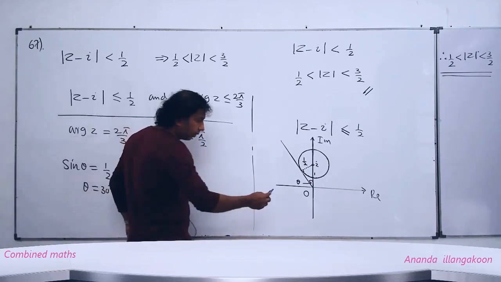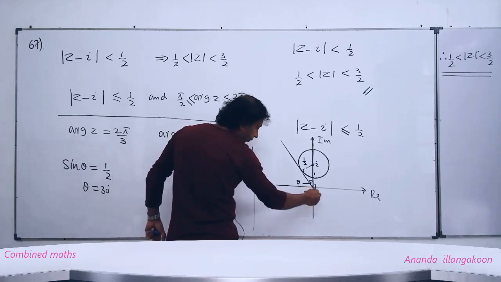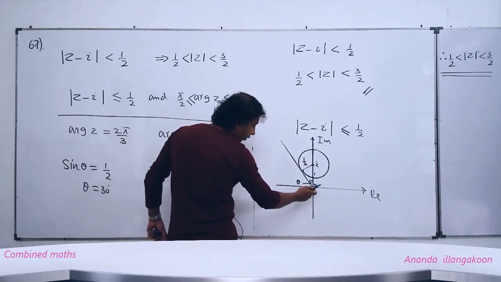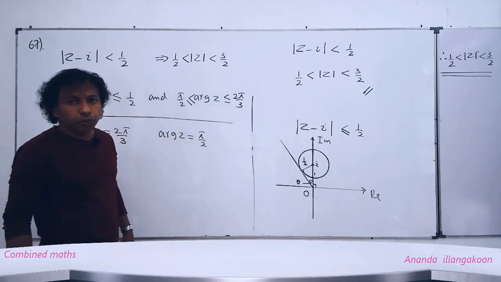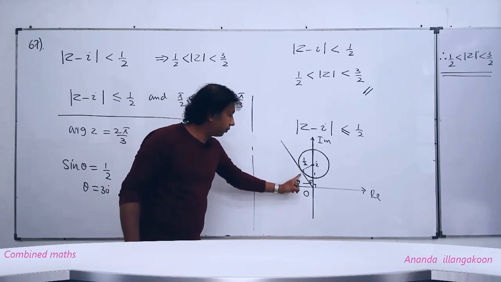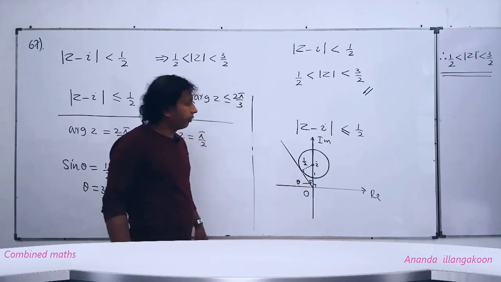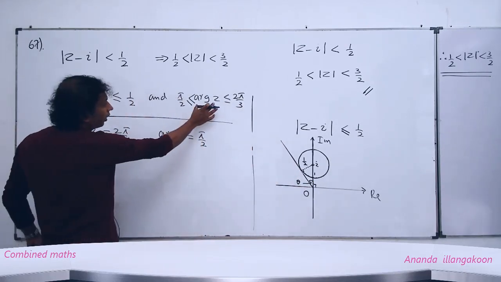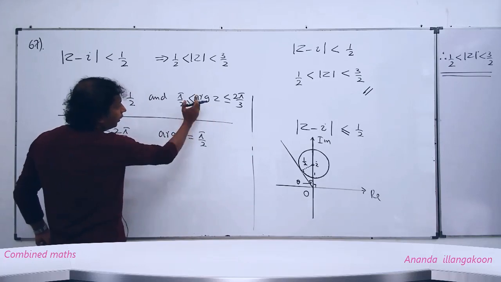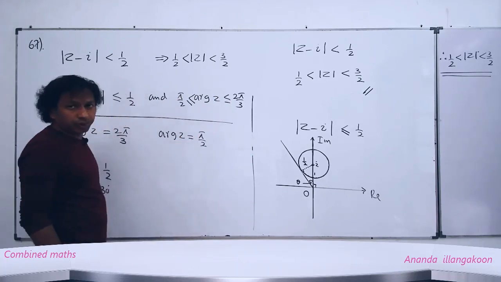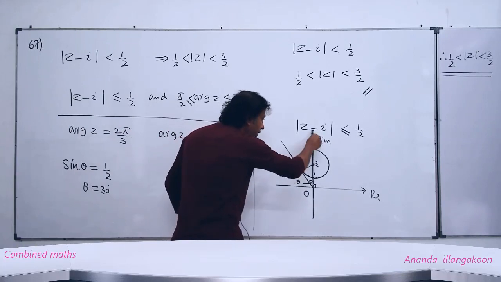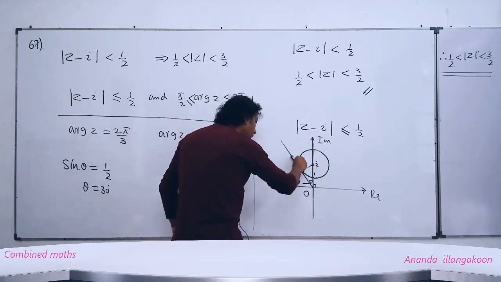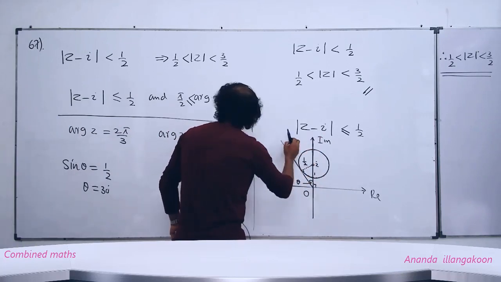Then this whole angle is 90, this is 30, then 120 comes. Then the arg 2π/3 line is this. Then we need the argument to be greater than or equal to π/2 and less than or equal to 120. So the arguments lie between the imaginary axis and this line. In between these two lines only, this region is available.